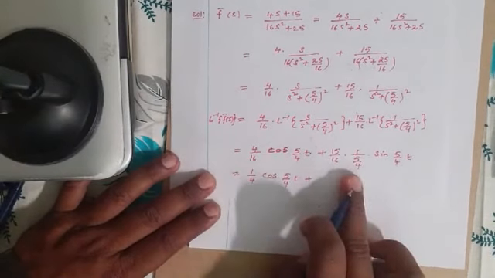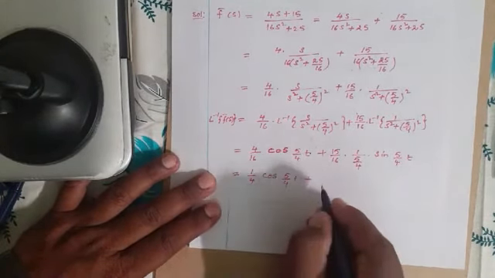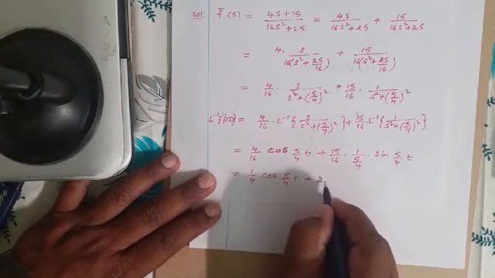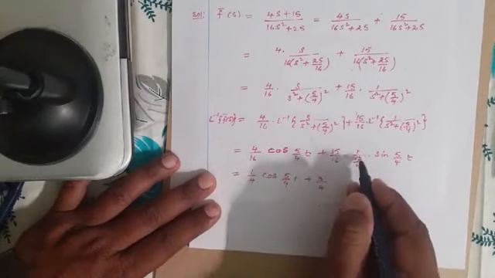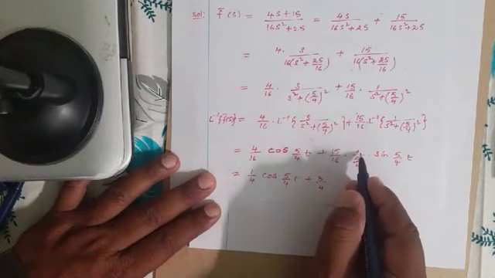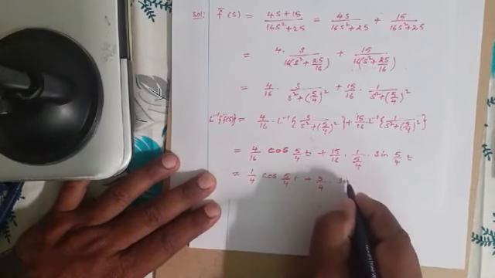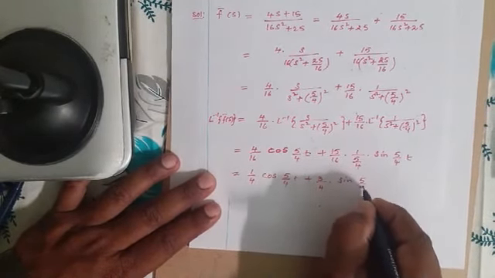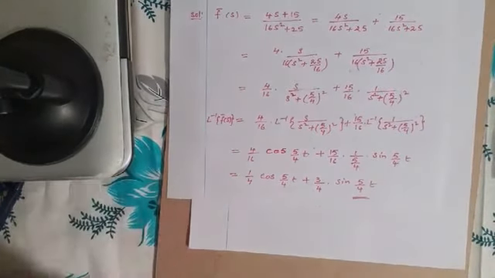Here we have 15 by 16, so when you cancel that, this becomes 3 by 4, because 5 threes are 15, 4 fours are 16, so 3 by 4 sin 5 by 4 t.